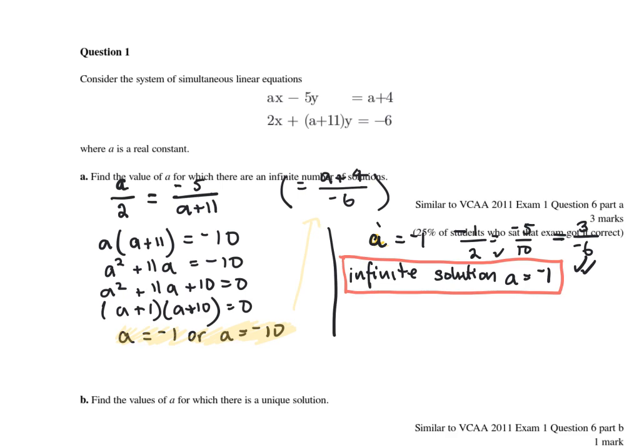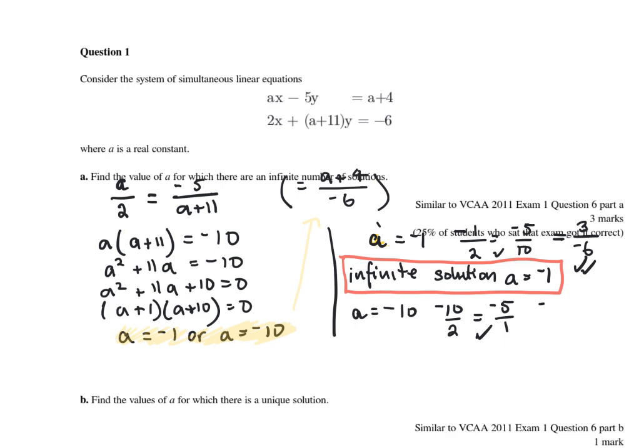Now I'm going to check when a equals -10, because it might work. So a equals -10, what do we get? -10 over 2 equals -5 over 1. They both equal -5, don't they? What about here? We get -10 plus 4.